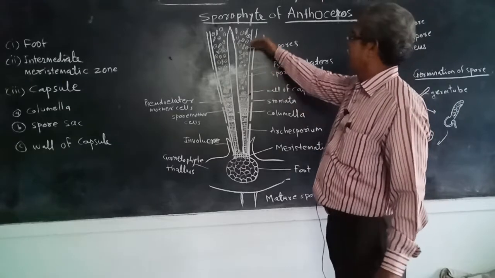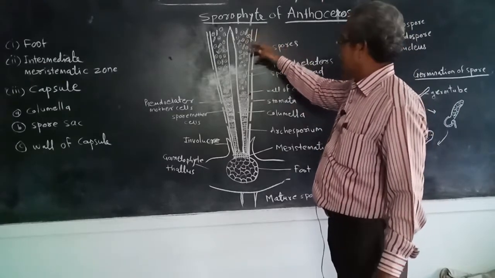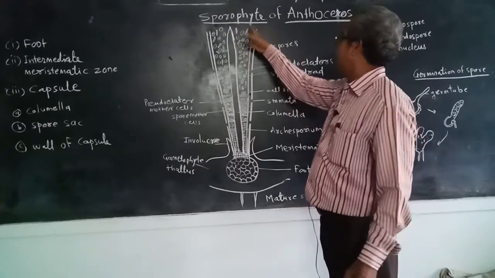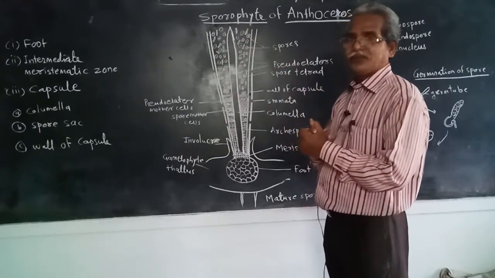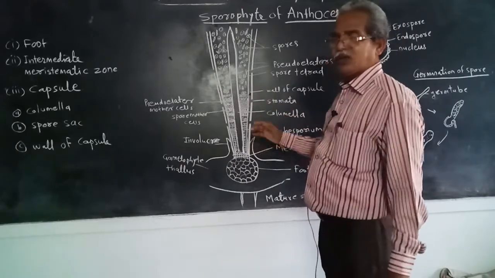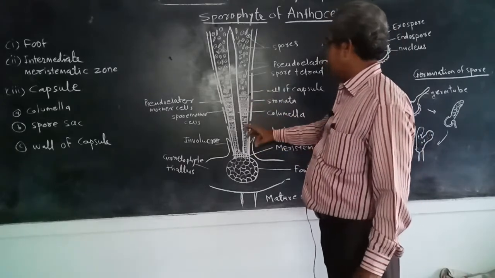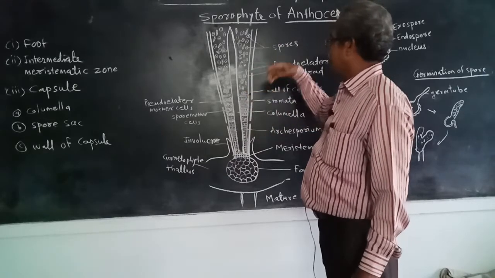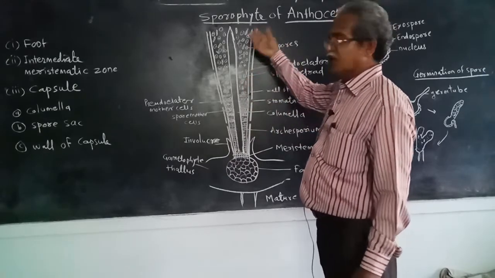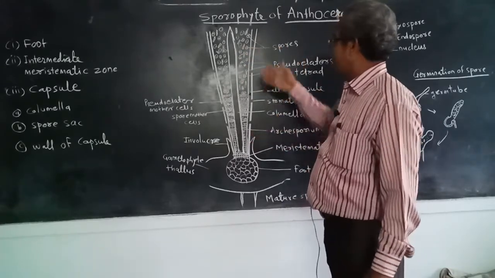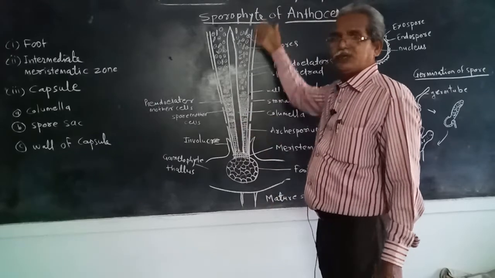Again, at a higher region of the capsule, we can see the separated spores from the spore tetrad, and pseudo-elaters. All the developmental stages, archesporia, spore mother cells, pseudo-elater mother cells, pseudo-elaters, spores, and spore tetrads, can be seen in one sporophyte.